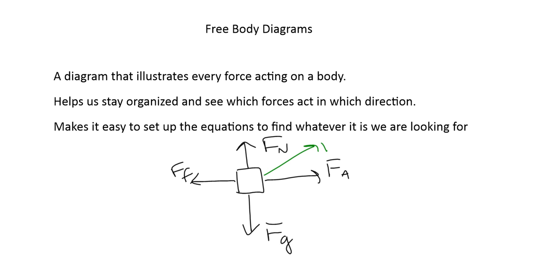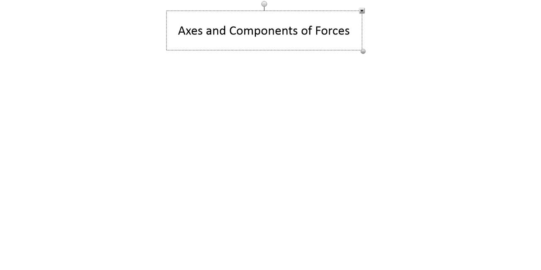We could have an applied force that could go this way as well. We could have something else sitting on top of the box, which would add another force. But this is just a really, really general illustration of what a free body diagram will look like. And in that free body diagram, we're going to have forces that always act on a body and some forces that are situational. So let's look at some examples of each.